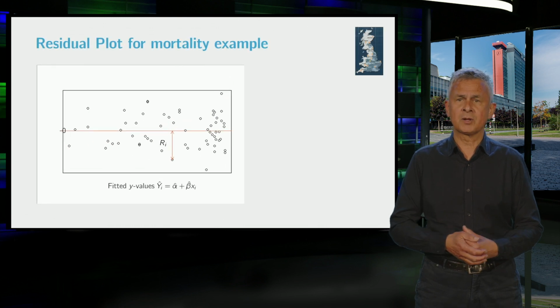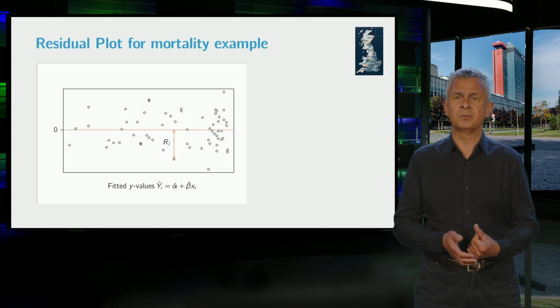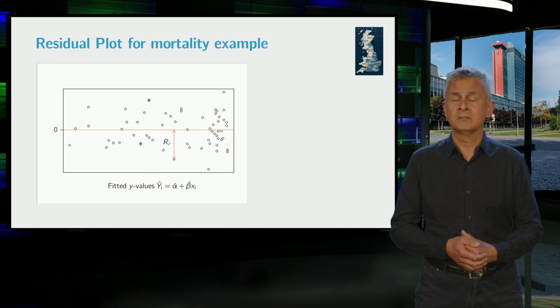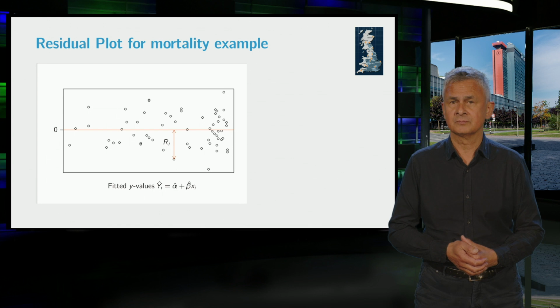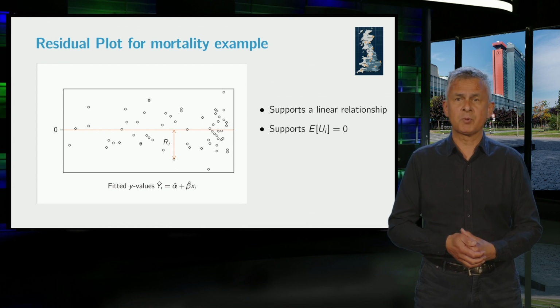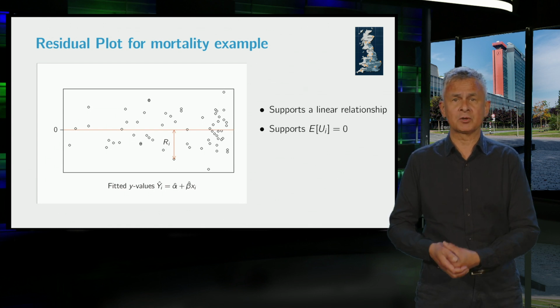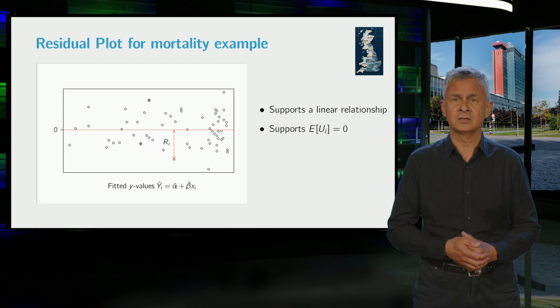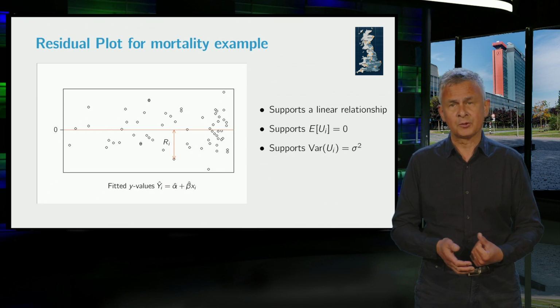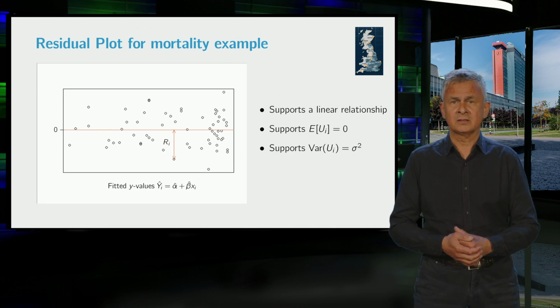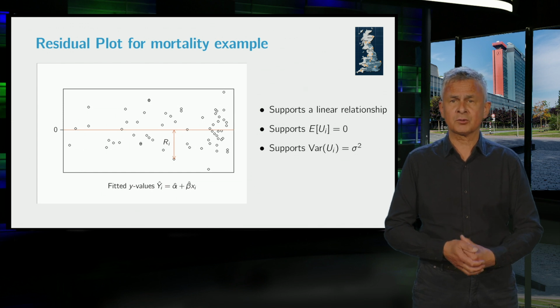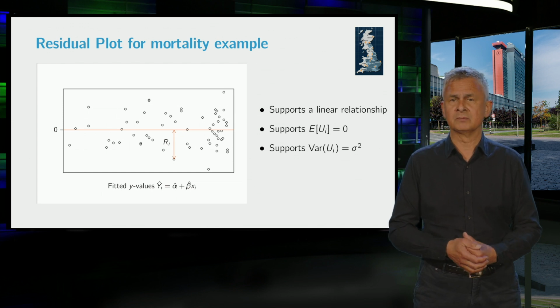Now, here is such a plot for the mortality example of the previous video. The residuals are scattered more or less evenly around zero. This seems to support a linear relationship between mortality and calcium concentration and also supports the assumption of zero mean for the measurement error. Furthermore, going from left to right, the amount of variation in vertical direction is more or less the same.